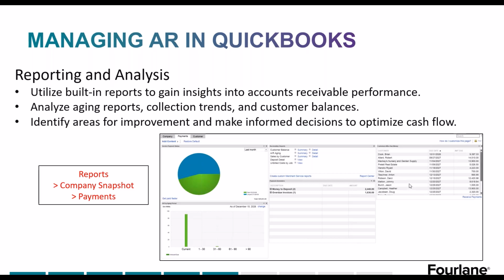This graphical information, hopefully you guys can see it well enough, is your payment status receivable report, so you can have your payment reminders, customers who owe money, the AR aging on a dashboard. You can find that under Reports, Company Snapshot under the tab for Payments. This is a quick view of some of those AR measures.